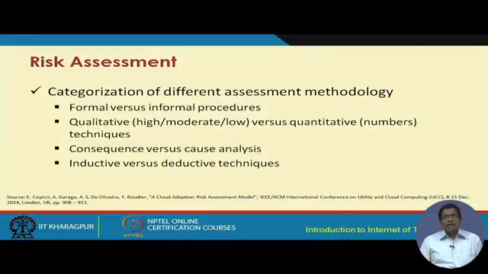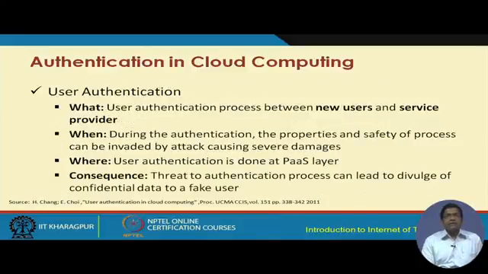Then consequence versus cause analysis, whether the risk is due to a consequence of something, or what is the cause behind the risk, and inductive versus deductive techniques. These are the different categories of risk assessment in cloud.